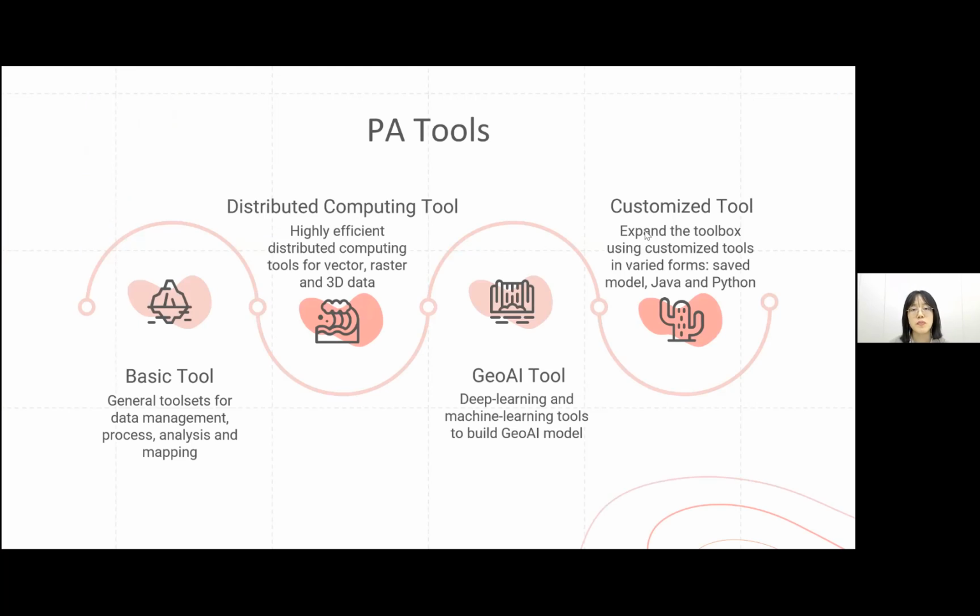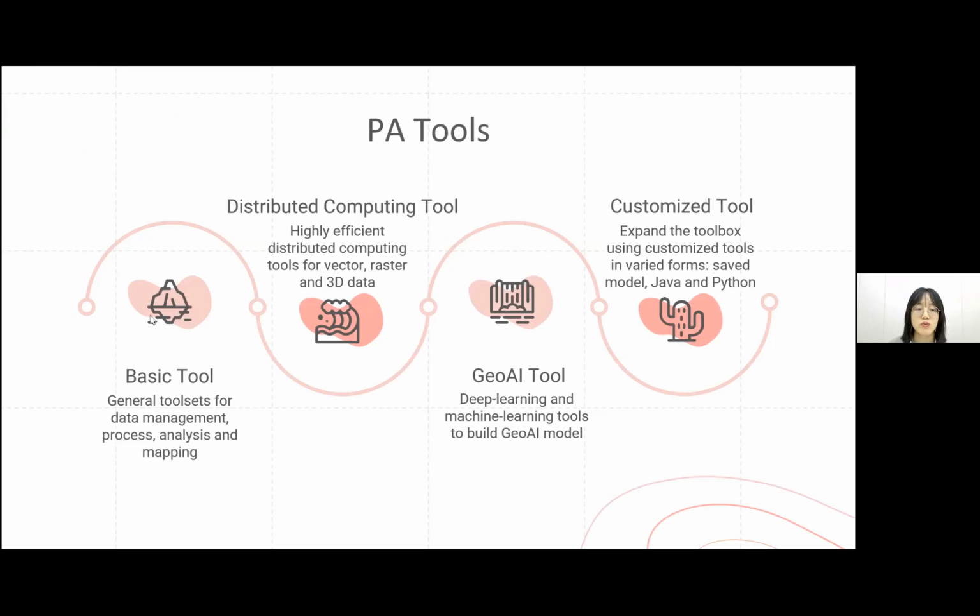And so, as we just talked about toolbox, here we would have a more detailed introduction on what tools we have in that toolbox. Actually, there are 4 categories of the tools here: basic tool, distributed computing tool, GeoAI tool, and customized tool.